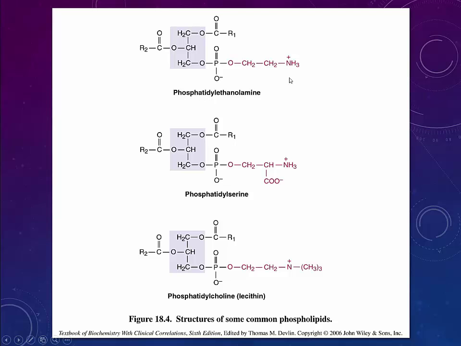So here's the ethanolamine. Here's phosphatidylserine, where we have the amino acid serine associated with the phosphate group. Or this phosphatidylcholine, or lecithin. We're going to get to lecithin a little bit more in a moment. So you can see a phospholipid can have some pretty distinct structures, mostly associated with substitutions on the phosphate, although the fatty acyls can be a little bit different as well.